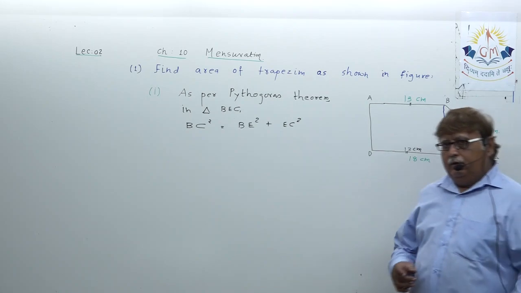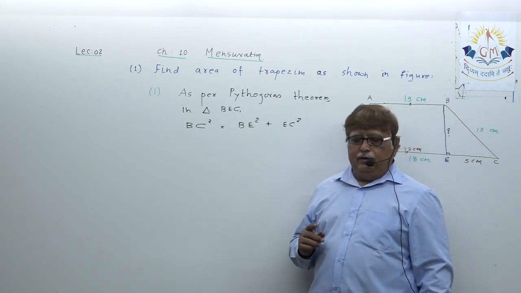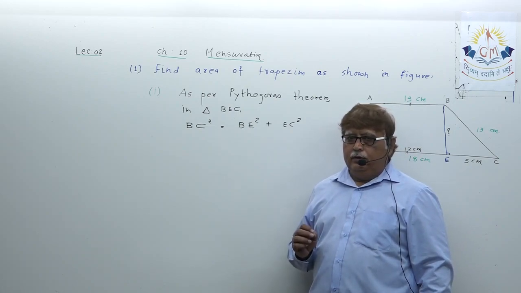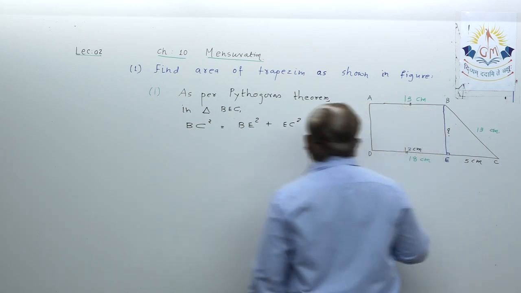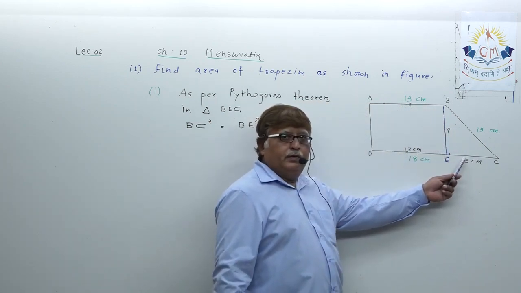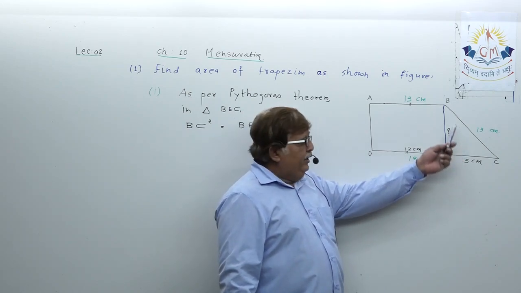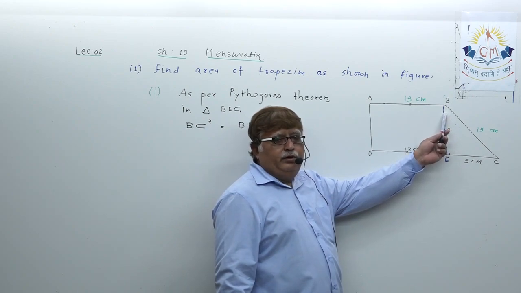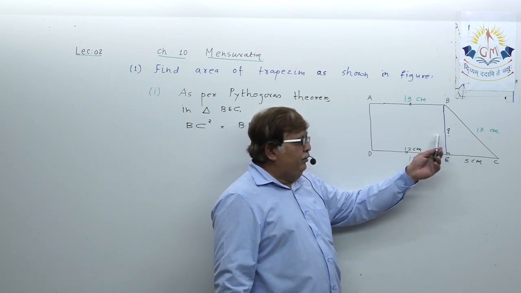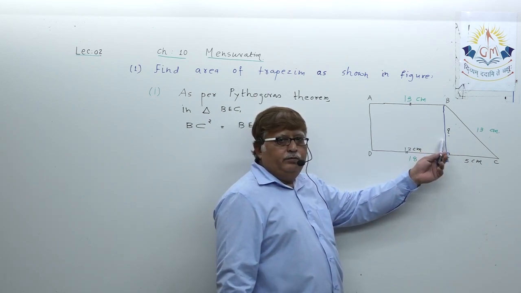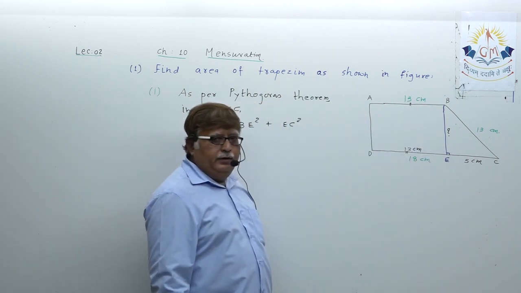Because some query came from some of the students that they do not know Pythagoras theorem. So dear student, mind this, whenever there is a right angled triangle, you can apply Pythagoras theorem: the square of the hypotenuse equals the sum of the squares of the remaining two sides.